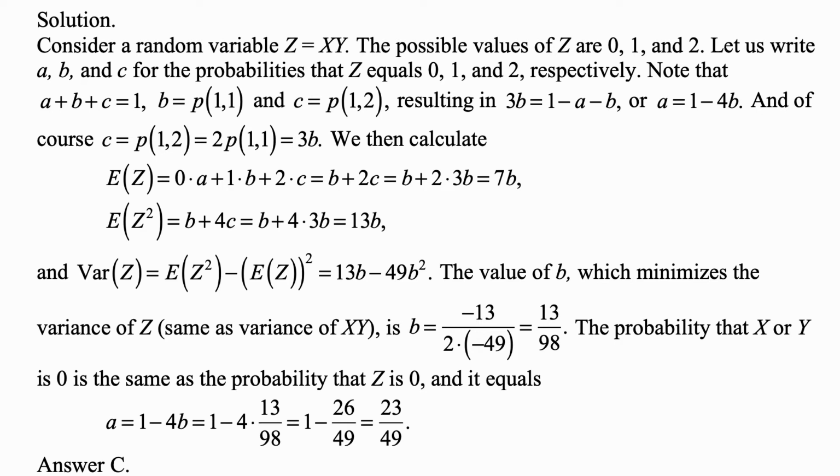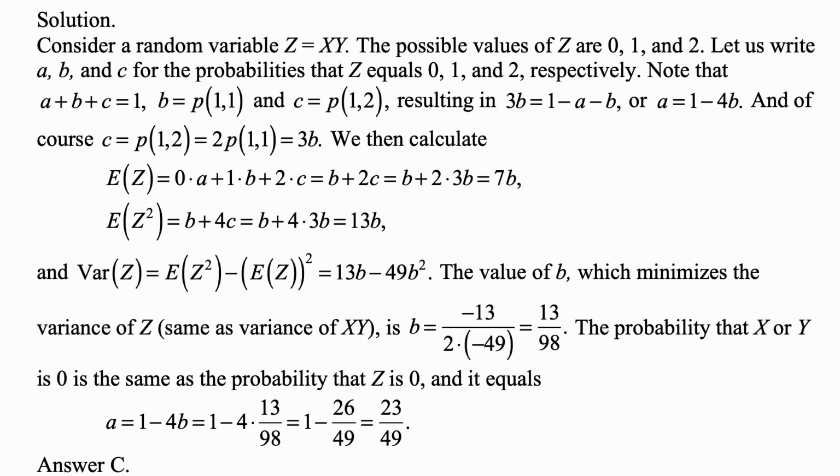You have to multiply 1 by 1. So that's how you get b. The probability of x being 1 and y being 1 is the same as the probability that z is 1. And then c is the probability that z is 2, but you can only get 2 by multiplying the x value of 1 by the y value of 2.